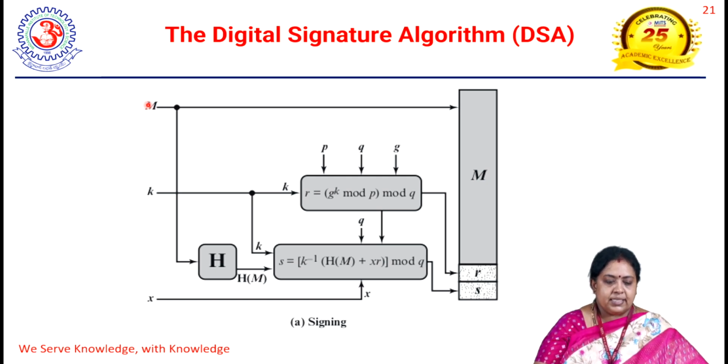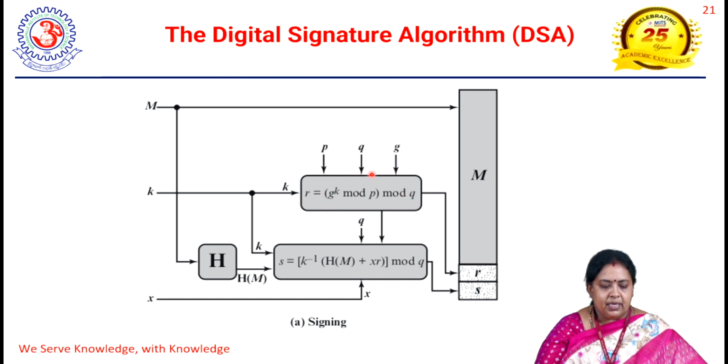This is the signing process. The message is given to the hash function, which generates a hash code, and this hash code is given to the signing process. How is S calculated? S is K inverse, where K is the randomized integer, into the output from the hash function, plus X into R. X is the private key, and R is what we calculated by using the global public key elements.